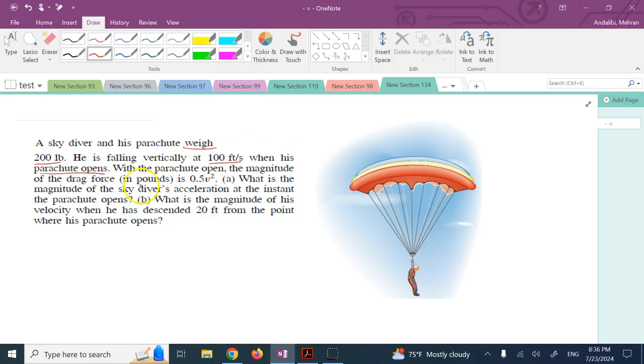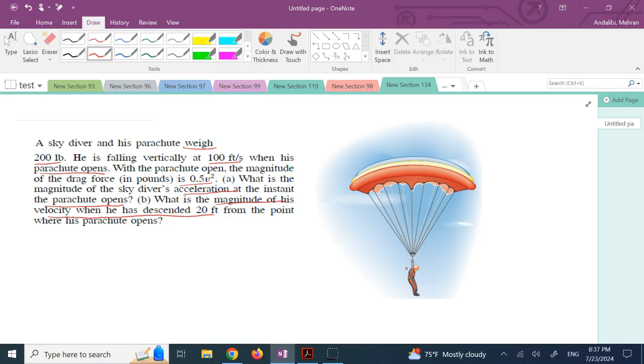As a result of that, he's going to experience a drag force of 0.5 v squared. You want to know the magnitude of the skydiver's acceleration right when it opens, and also the speed, the magnitude of velocity of it when he falls 20 feet from the point that the parachute opens.